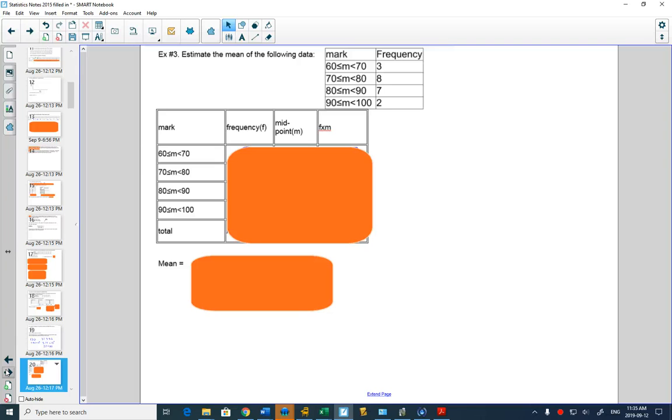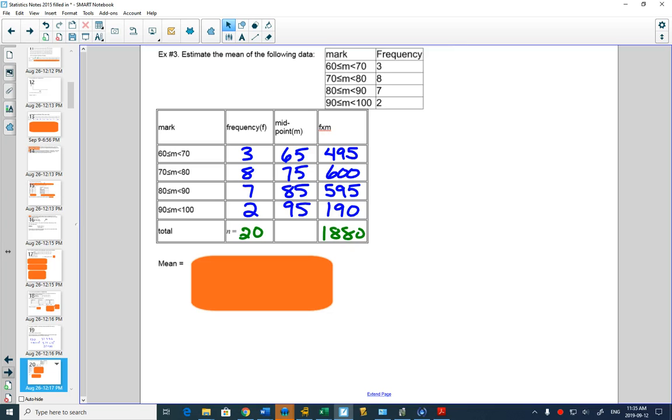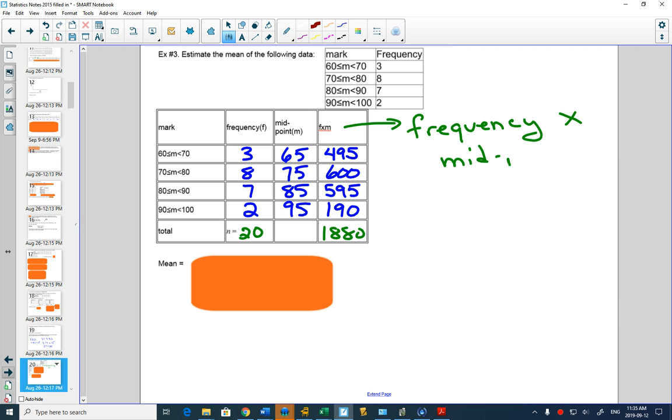I'll save you a little bit of time here. If you're looking at this later, that F times N, that's frequency times the midpoint. We had 3 of them. Average was 65, so that adds up to, that isn't right. That number's 195.